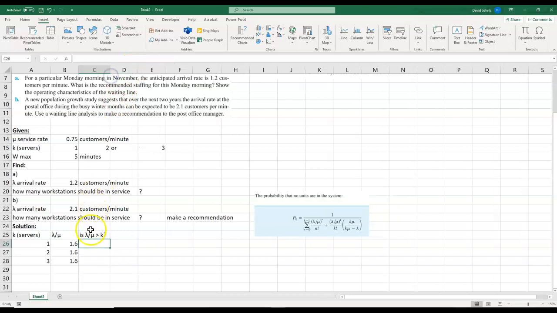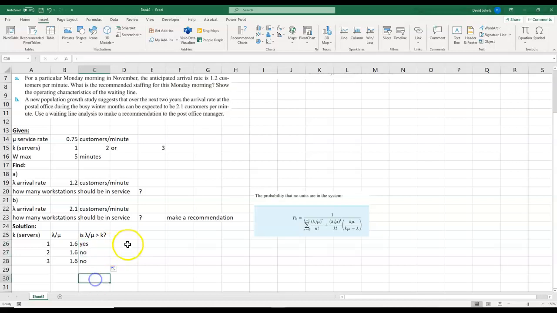So that's a question you want to ask. If you're asking a question, a lot of times in Excel you can use something called if. So I'll go equals if this is greater than this. Well, if it is, we'll say yes. If it's not, we'll say no. So it is.